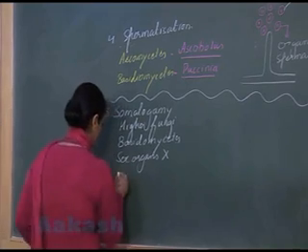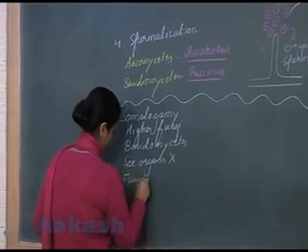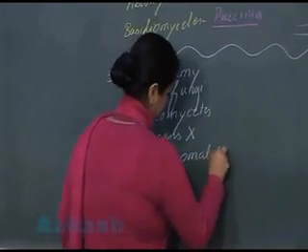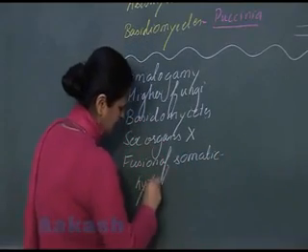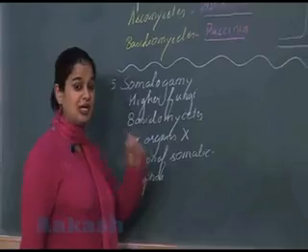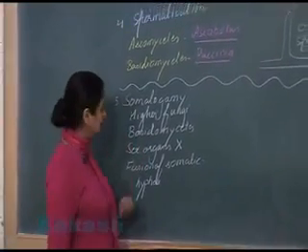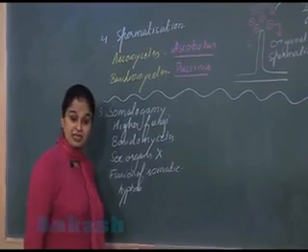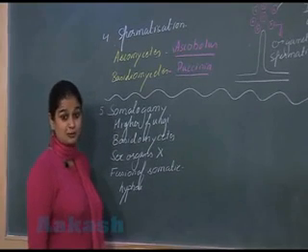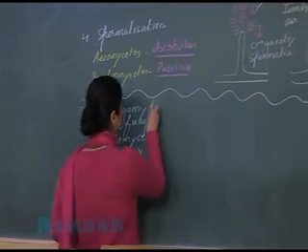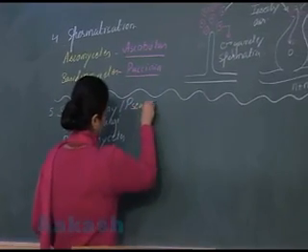Instead of gametic fusion, there will be fusion of somatic hyphae. This fusion of somatic hyphae instead of fusion of gametes is known as somatogamy. Now in this type of sexual reproduction, gametic fusion is absent, that's why it is also known as pseudogamy.